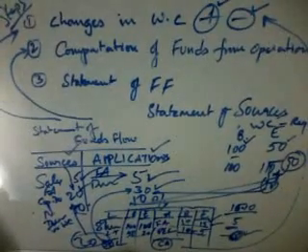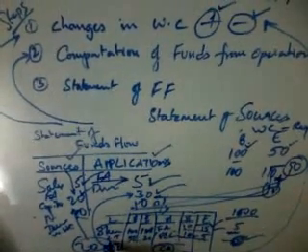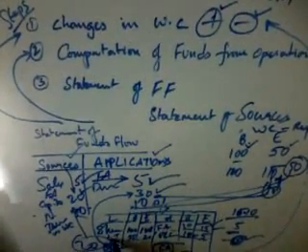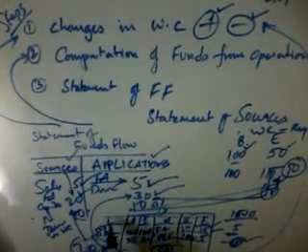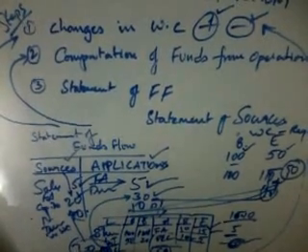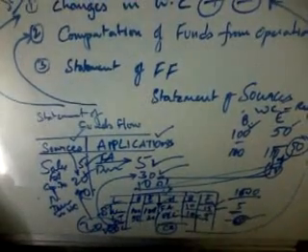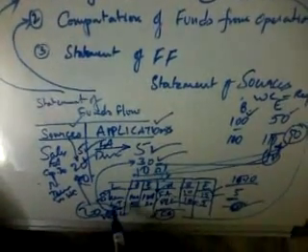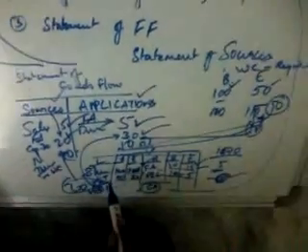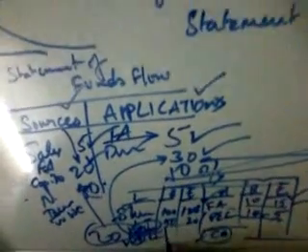Now here one column is left, that is P&L. Long term liabilities over, current liabilities over, short term and long term. Again fixed assets, current assets over. Now the thing which is left is P&L.